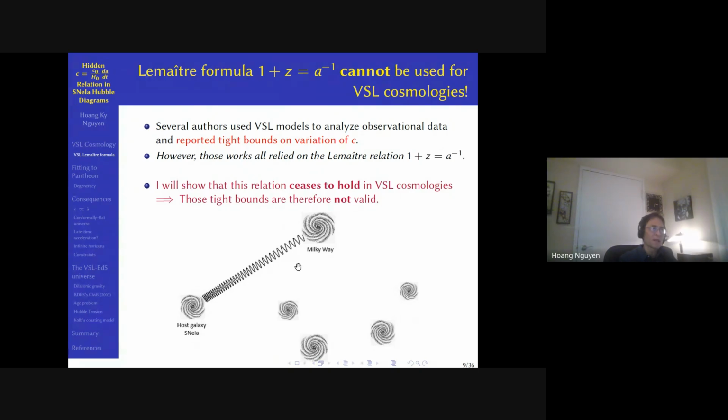So in VSL cosmology, the speed of light outside here would vary. This point is different from this point, right? However, everybody in the field of VSL implicitly assumes one thing, that the speed of light inside the galaxy and outside it are the same. That is their assumption.